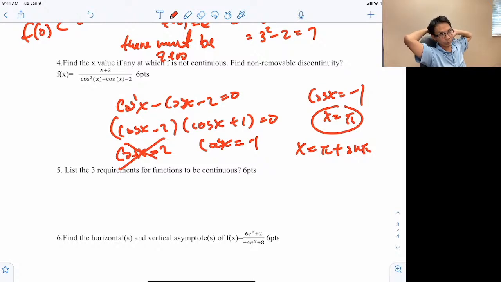After factoring, he said both of those equal 0, and then he did some algebra. So cosine of x was equal to -1, and cosine of x was also equal to 2. But cosine can never equal 2, because it's not a value on the unit circle. So he only had to do cosine equals -1.